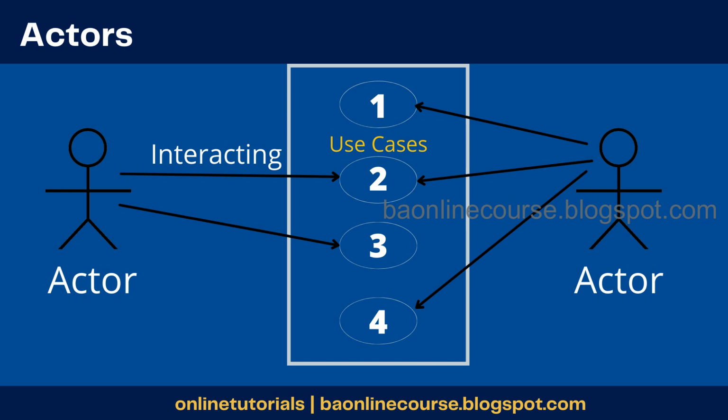One single use case can have multiple actors. Maybe an employee is performing something, and then his supervisor is approving it. So both people are involved in that one single use case. So it need not be that only one actor can perform one use case.